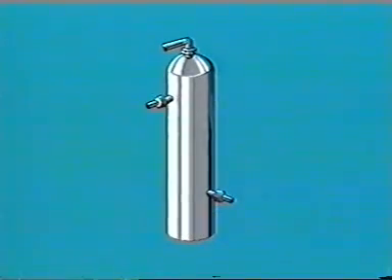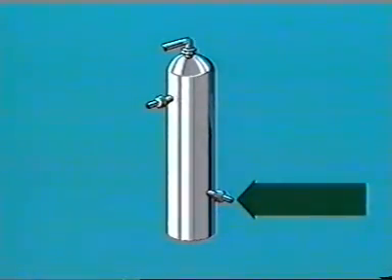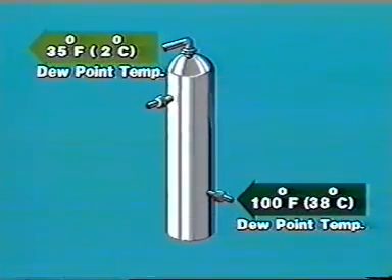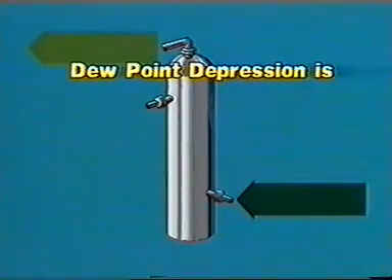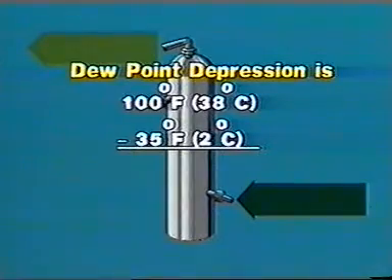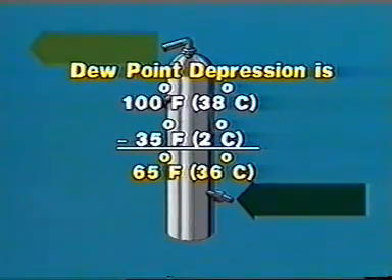For example, if the inlet gas temperature to the contactor is 100 degrees Fahrenheit and it has a dew point temperature of 100 degrees Fahrenheit, and the outlet gas temperature from the contactor is 100 degrees Fahrenheit and it has a dew point temperature of 35 degrees Fahrenheit, then the dew point depression is 100 degrees Fahrenheit minus 35 degrees Fahrenheit, which equals 65 degrees Fahrenheit.